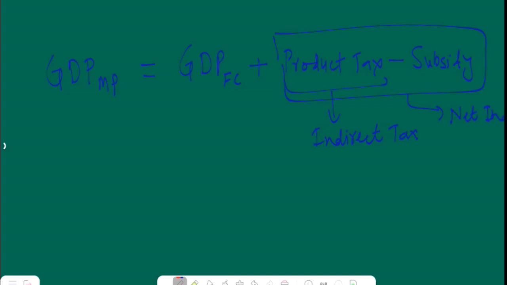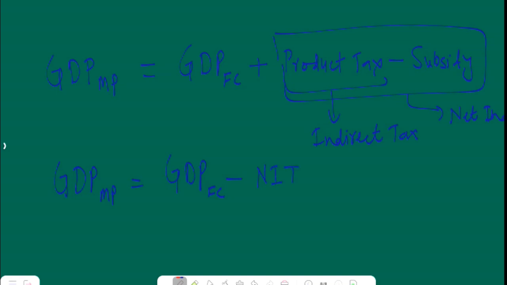So this equation can be written as GDP at market price will be GDP at factor cost plus net indirect tax.